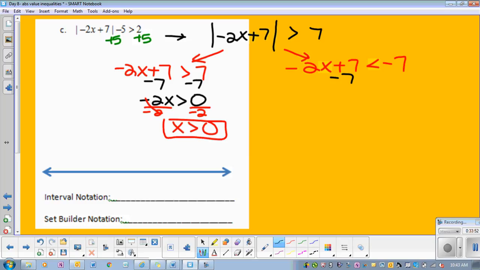Subtract 7. Now I have negative 2x less than, what is this? Oh, negative 14. Hold on. Wait a minute. Look at this. Hold on. If I divide by a negative number, what did I say you have to do? You gotta switch the sign. So this is actually x is less than 0.